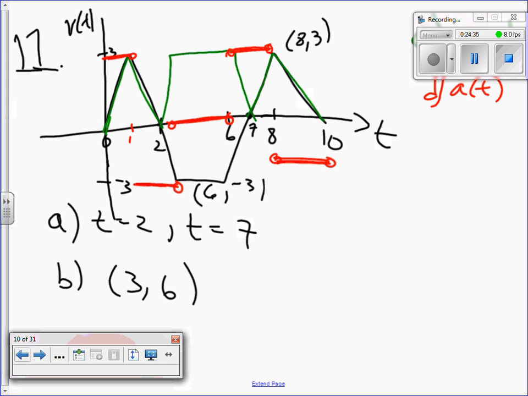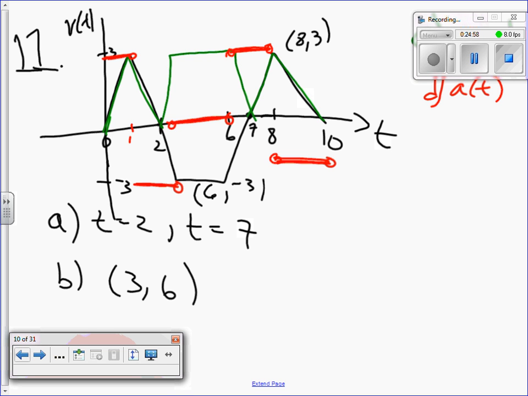The one thing I thought you might have trouble with is number 11, when you had to graph the speed. Pretend all these other colors aren't here. This was your velocity in black. The speed graph, which I tried to draw in green here, looks the exact same when the velocity is positive. But you see where the velocity is negative? Speed's got to be positive.